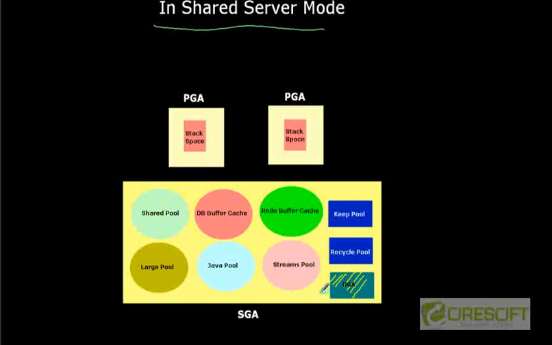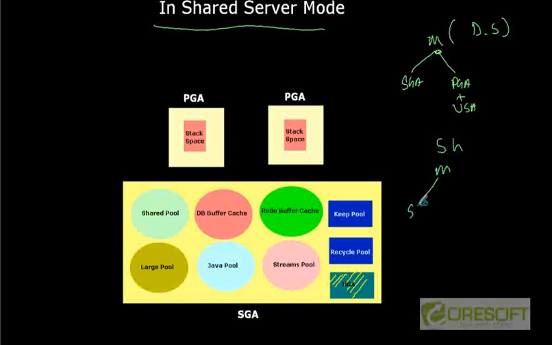So essentially we have two things, SGA and PGA, as the memory structures, and then UGA, but UGA is part of the PGA in case of dedicated server mode. In case of shared server mode, the SGA contains the UGA, and then we have just the PGA.